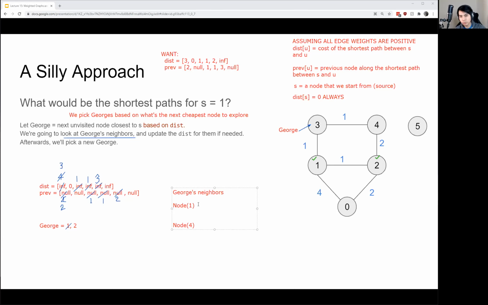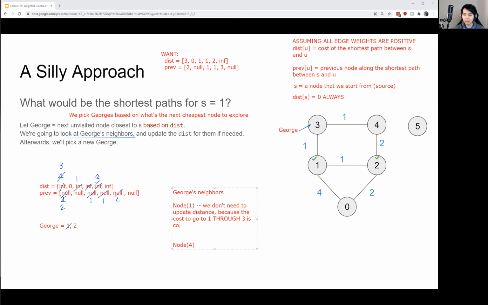Question mark if you're confused about what I'm asking here. But we don't need to update distance, right? We don't need to update distance because the cost to go to 1 through 3 is the cost of getting to 3, right?